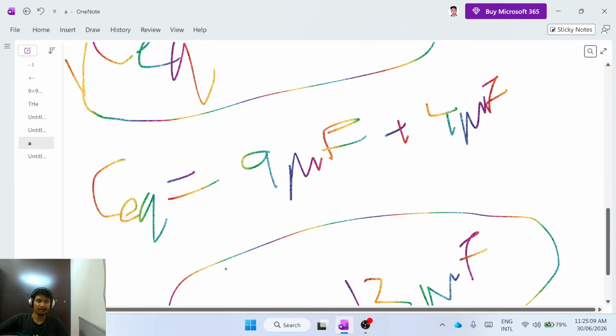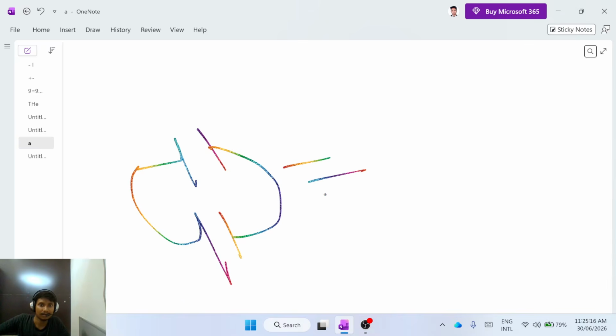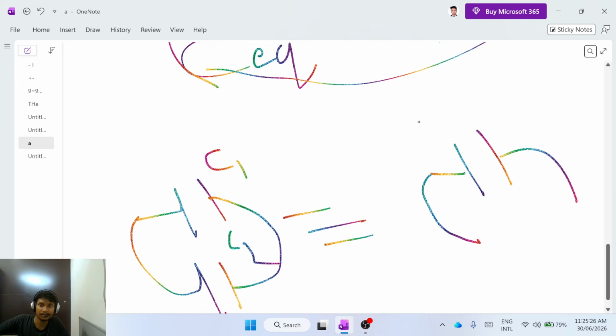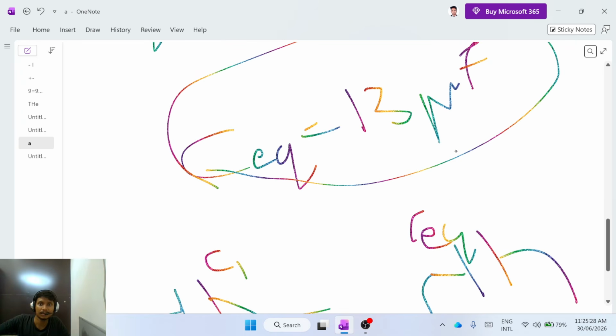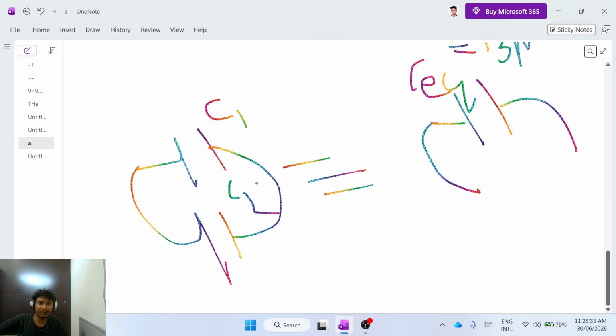The capacitors are in parallel. We found C1, C2, and this is the C equivalent, exactly equal to 13 microfarad. Now we have converted two capacitors to one equivalent capacitor.